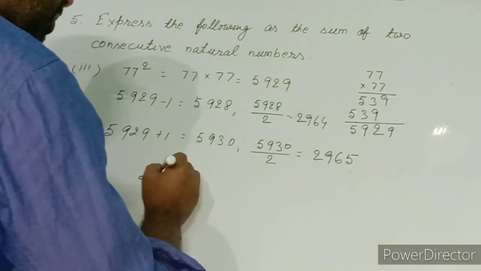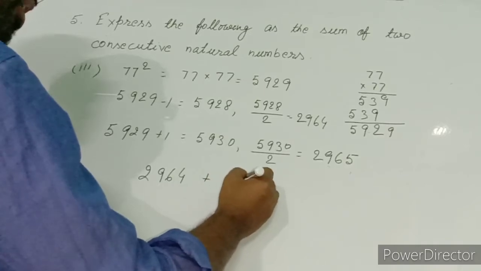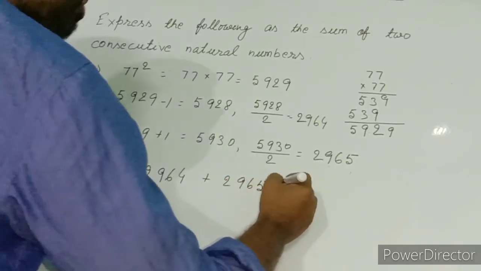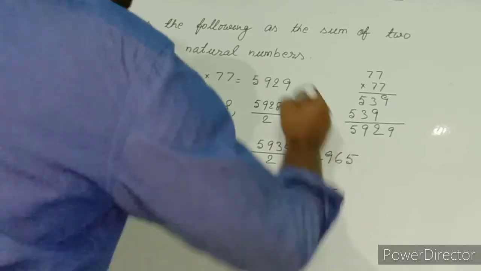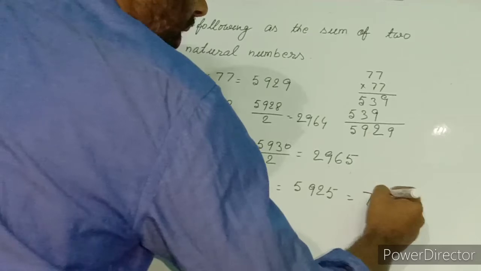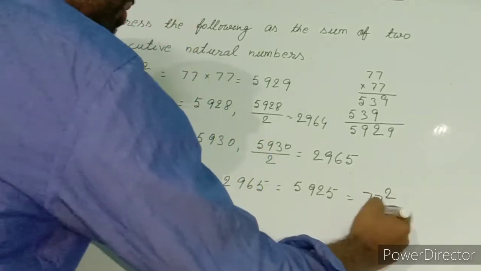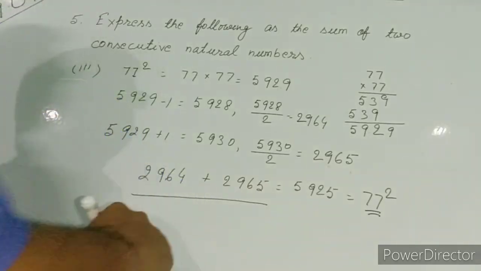So 2964 plus 2965 is equal to 5929, and this is equal to 77 square. So 77 square is the sum of these two natural numbers.